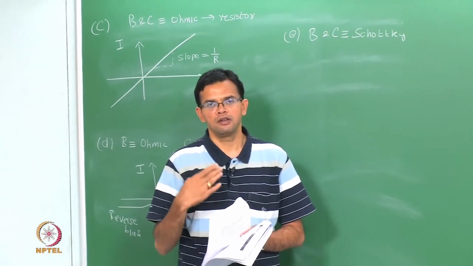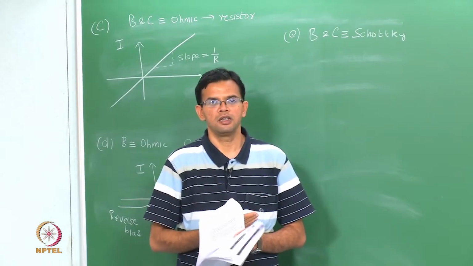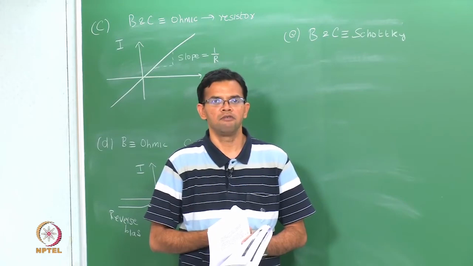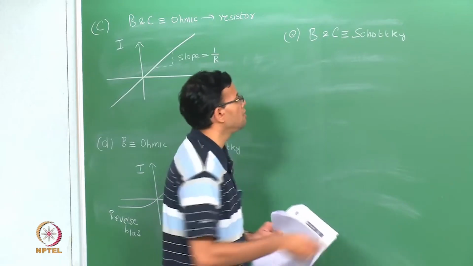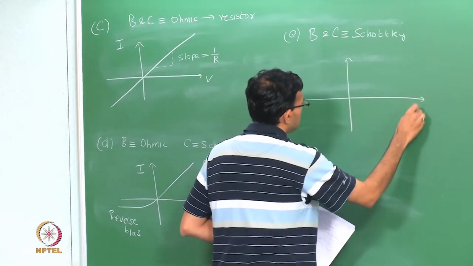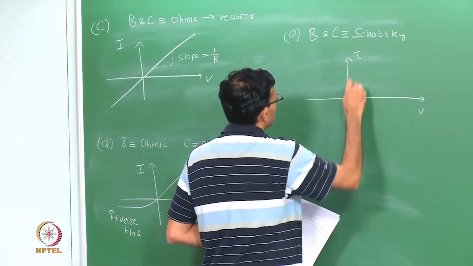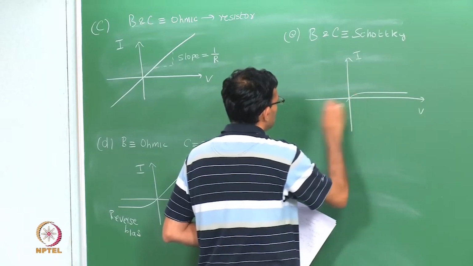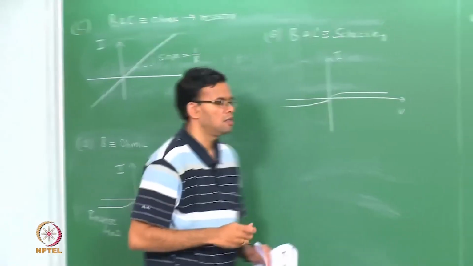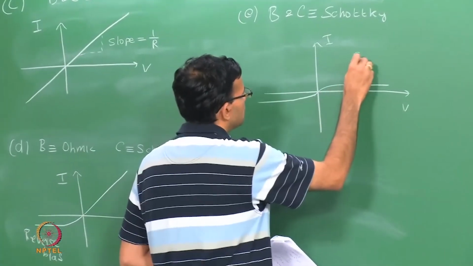So, whether you are in the forward or the reverse, there will always be one junction that is reverse biased, which will have very low conductivity. So, the IV characteristics in this particular case will be a very low current in both forward and reverse bias.